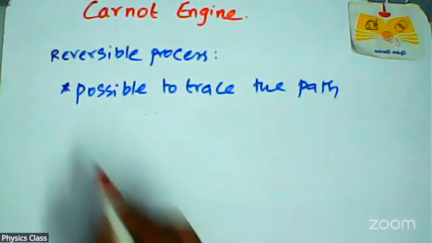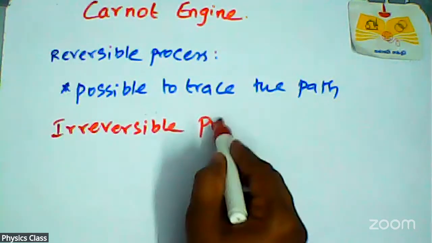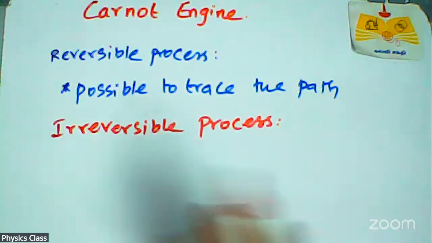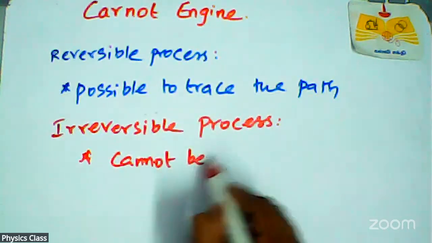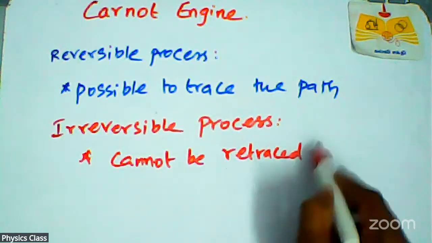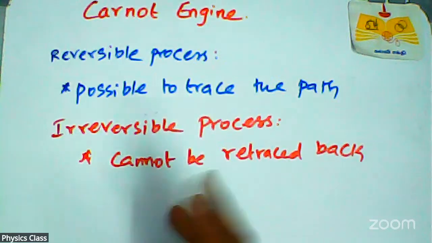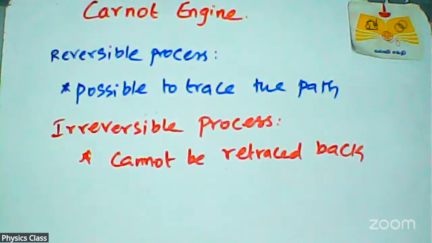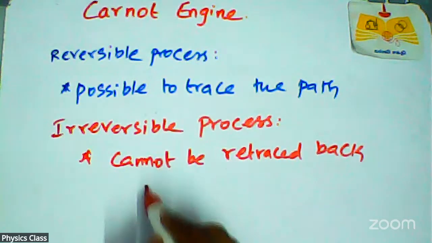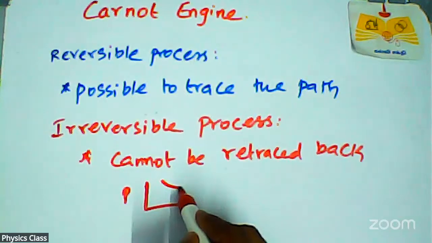Irreversible process means it cannot be retraced back. All the natural processes are irreversible. Irreversible process means it cannot be plotted in the PV diagram. In a reversible process, we are already familiar with the PV diagram, with V and P, and the Carnot cycle is drawn like that.